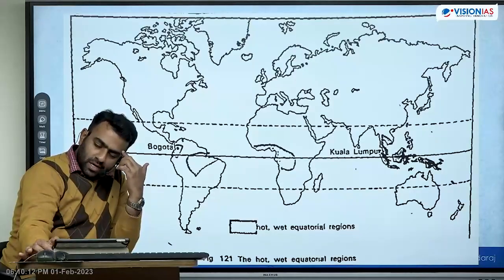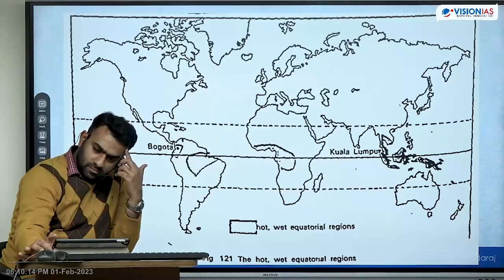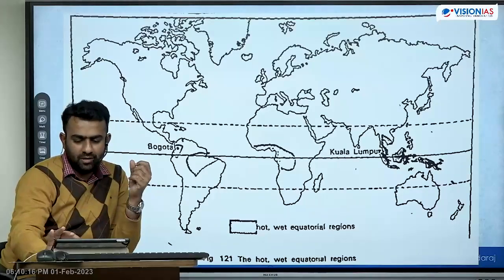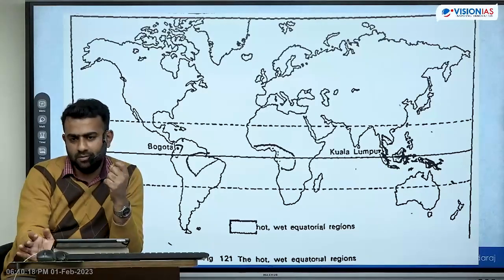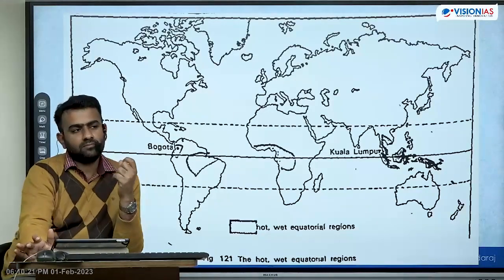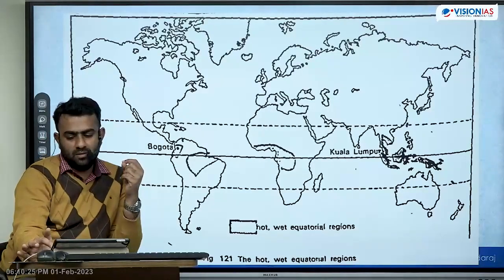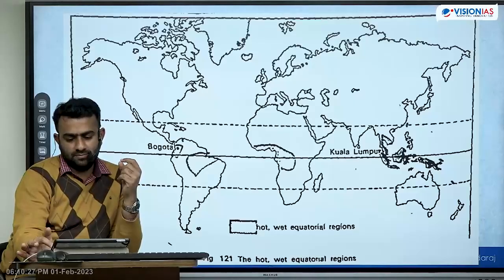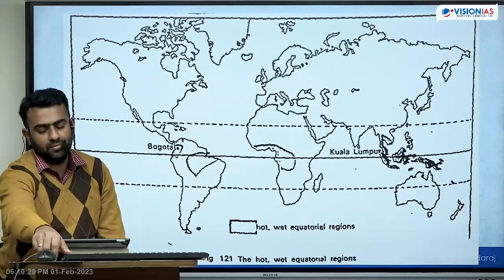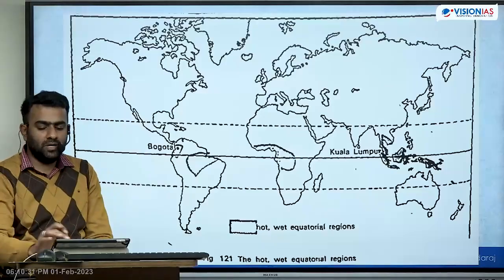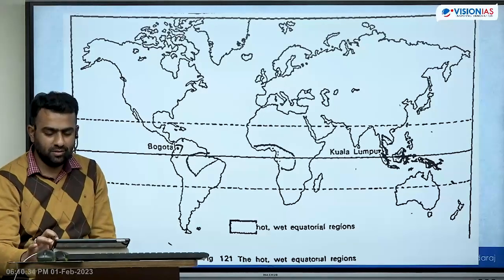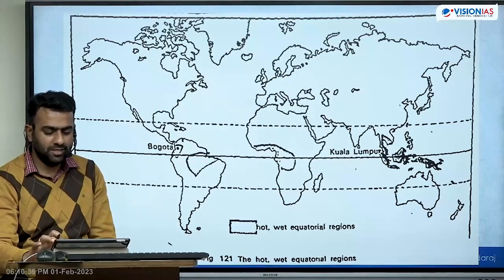The diurnal range of temperature is more than the annual range.